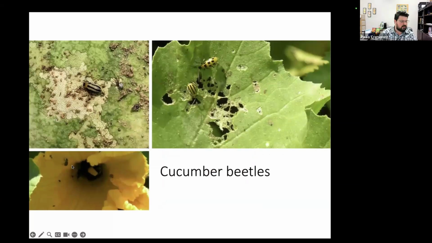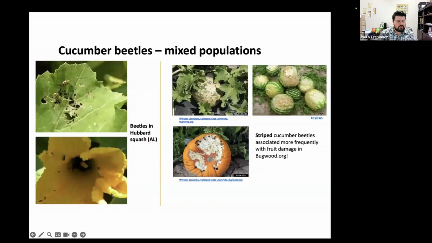And I was talking as well about the aggregation on the flowers, so they can be on the structures of the flowers, and they can aggregate, and this also serves as protection for some pesticides, which is really important to have early sanitation and early control of these pests in the vegetative stage. And like I say, they can live in mixed populations.